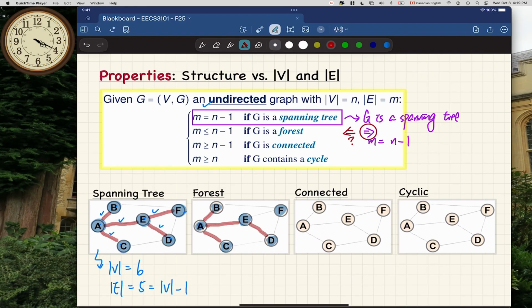All right, so this one here is a forest, but it's not a tree because it's not connected. Why is it not connected? Because you can see that between a pair of vertices, for example, E and F, there's no path. It's not connected. All right, I'll write it down for you. So this one here is actually spanning but not connected.